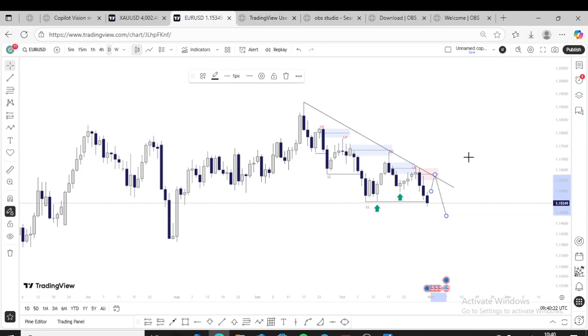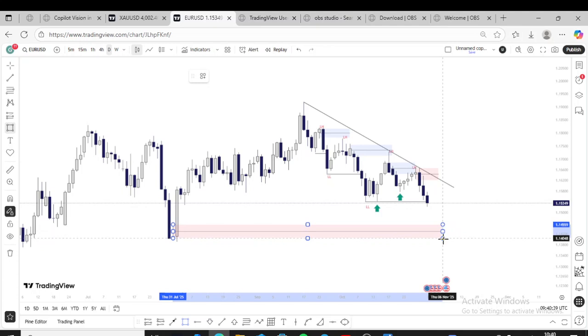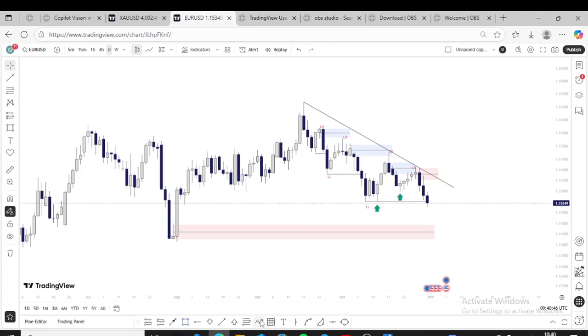But I'm also seeing something. I'm not trying to predict price right now. I'm just looking at the chart and seeing as much information as the market has to provide, and then making a decision out of that. What I'm also seeing is that price might drop all the way to this point. I don't know.